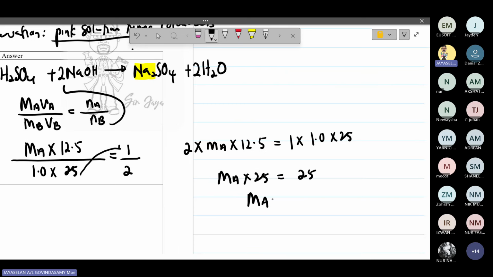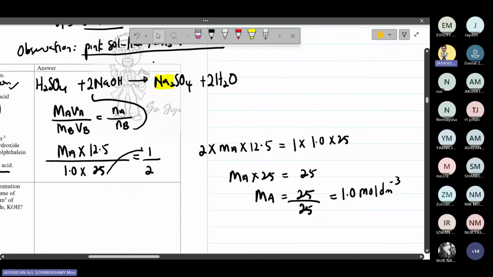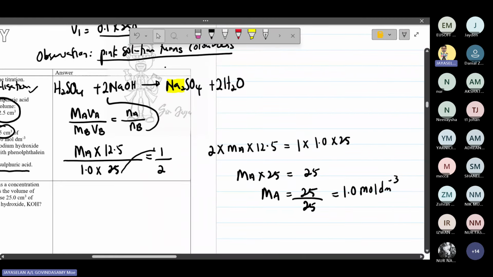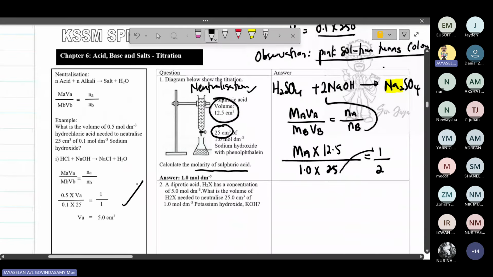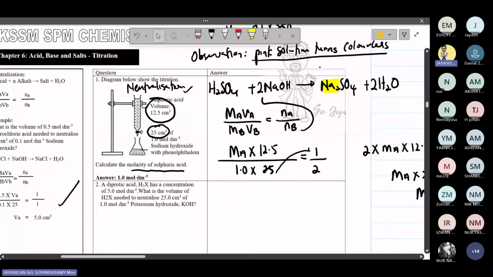So your Ma is 25 divided by 25, you will get 1.0 mol dm negative 3. This is your answer. Any question? No question. The answer is given, so see the example, then you do this.